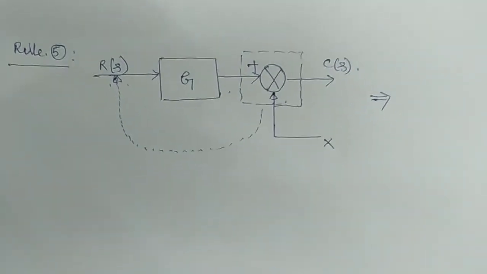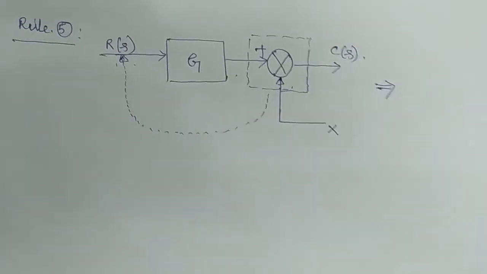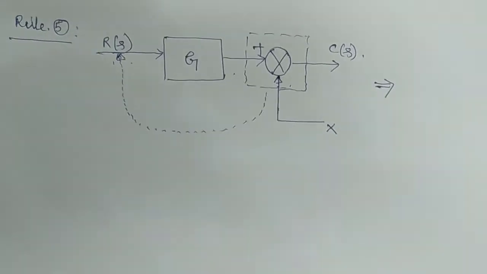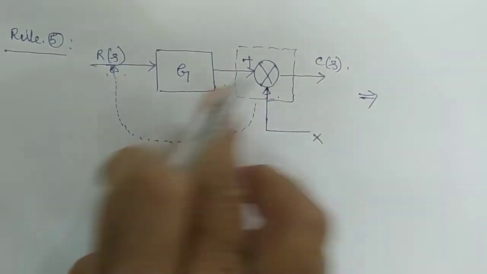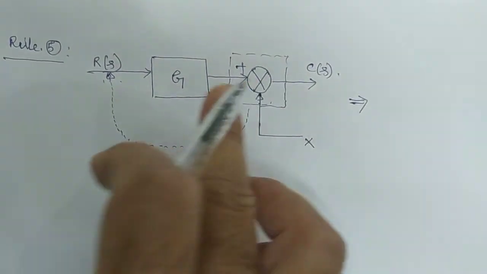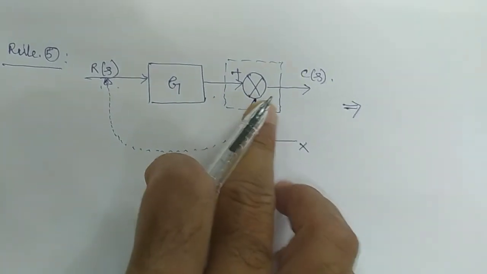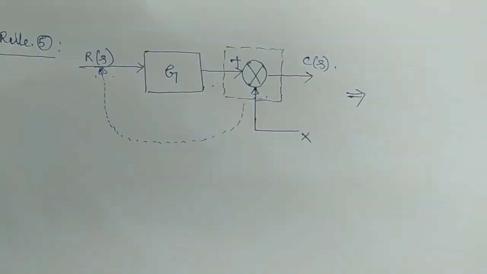By seeing the problem, as per the applicability of the rule, we have to do this adjustment while solving the transfer function. If this type of combination is given, then we either move or shift the summer point before the block or after the block as per these rules.